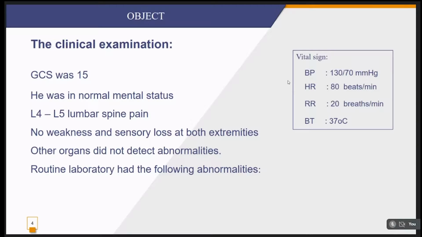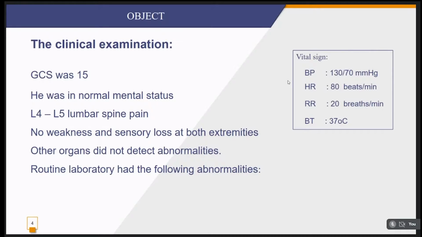He was in a normal mental status. Especially, he had low back pain at the L4 to L5 lumbar spine, and he didn't have weakness or sensory loss in the extremities, and all the organs did not show abnormality, with normal vital signs.